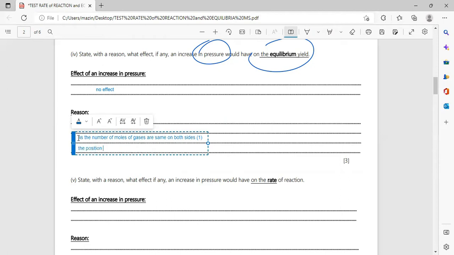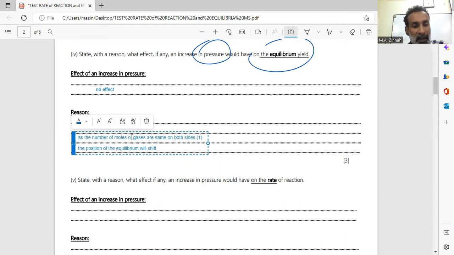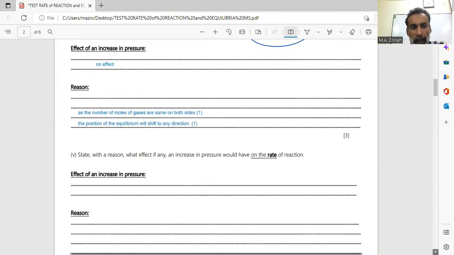If you miss the point: the number of moles of the gases in the equation is equal on both sides, so the equilibrium will not shift, or you can write it will be unaffected, will not shift in any direction. For this, you should get the mark. We move to the next question.